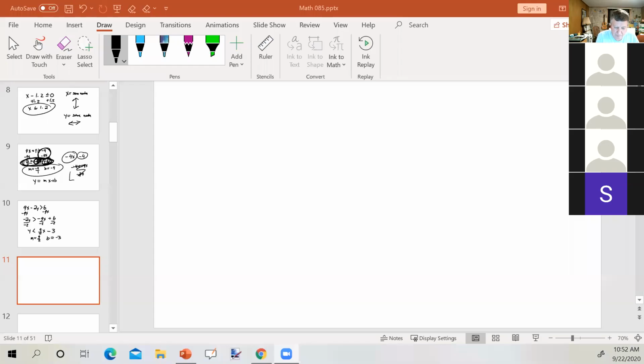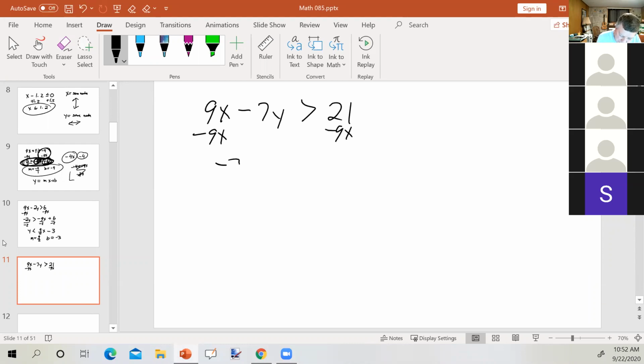So what is it? It is 9x minus 7y is greater than 21. So we would subtract 9x from both sides of the inequality. Negative 7y is greater than negative 9x plus 21.